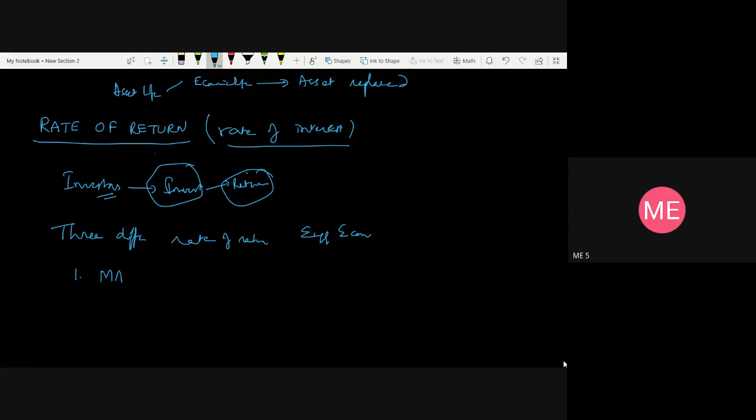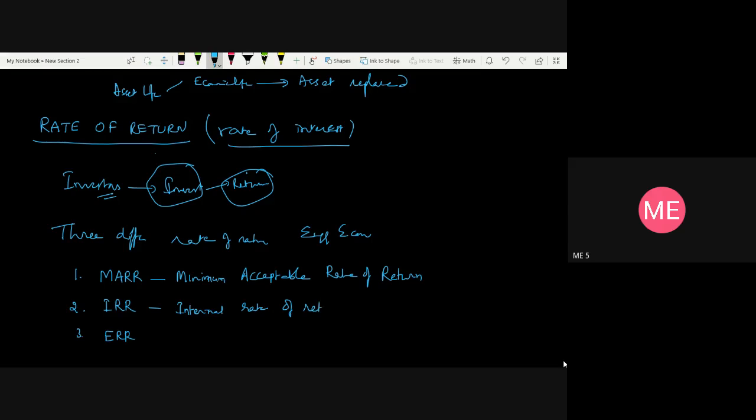What are these three different rates of return? First one is MARR, second one is IRR, and third one is ERR. MARR is the minimum acceptable rate of return, this one is called internal rate of return, and this is external rate of return.